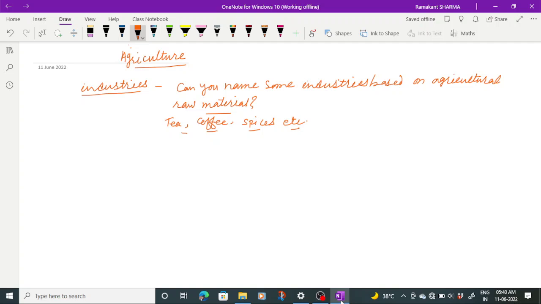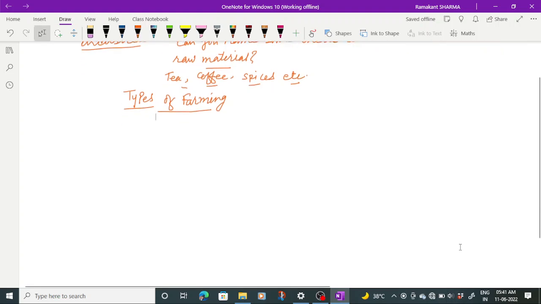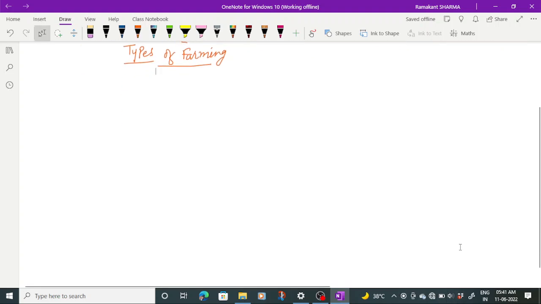Before we proceed, we are going to discuss about the types of farming. How many types of agriculture do we know so far? The farming can be categorized on different methods.